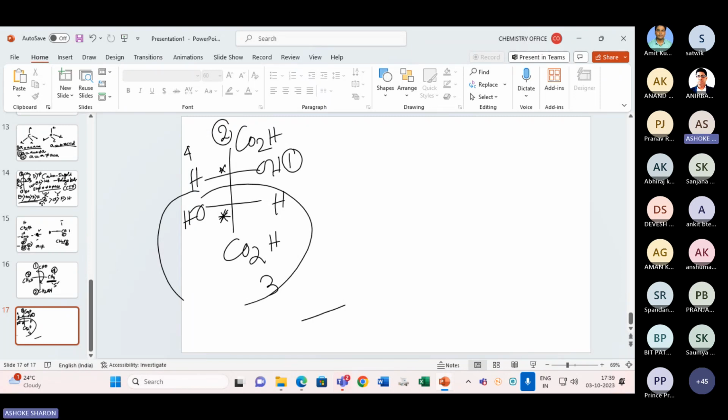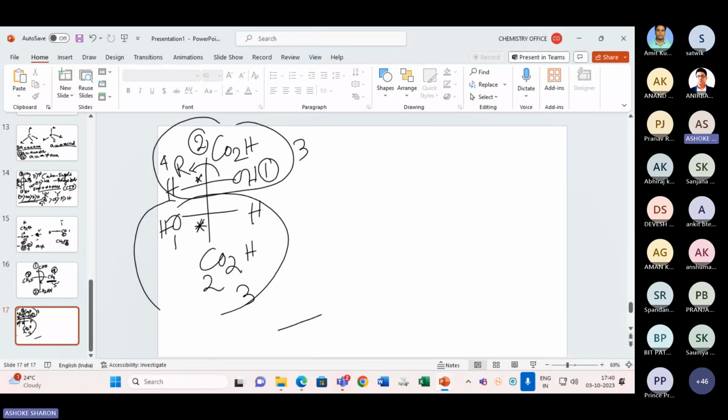With respect to this one, the center number 1. Now if this is 3, this is 2, it is rotated anti-clockwise, but the 4th number group is in the horizontal line. So as a result, instead of S, it will be R. Similarly, OH here is 1, this is 2, this is 3, and this is 4.